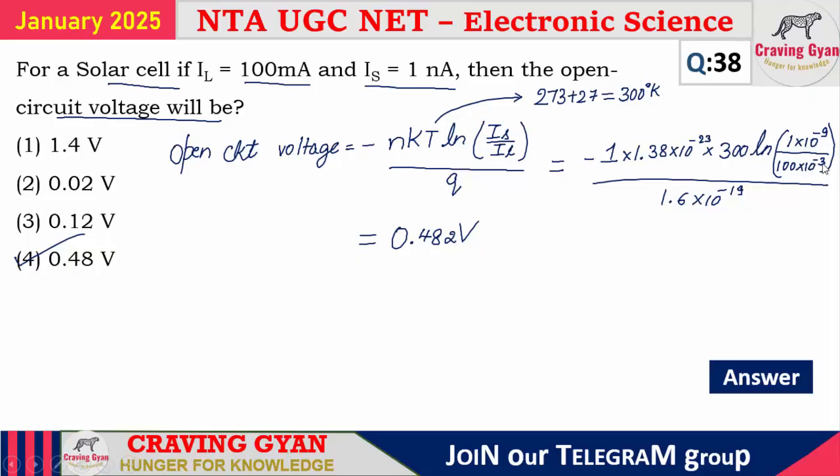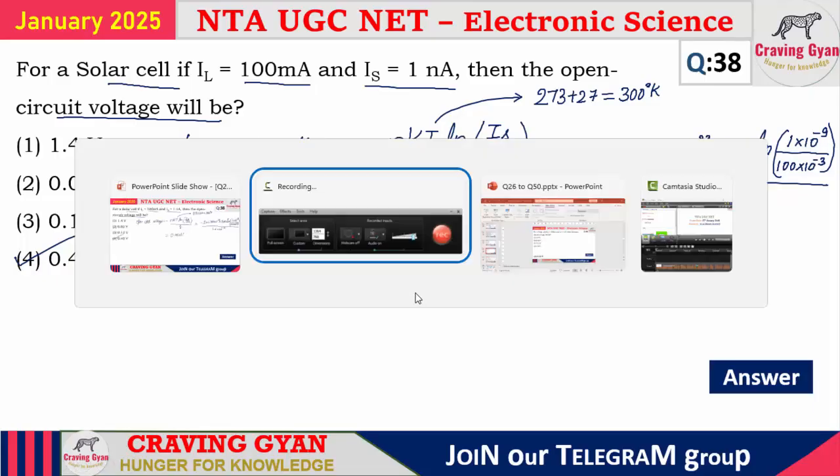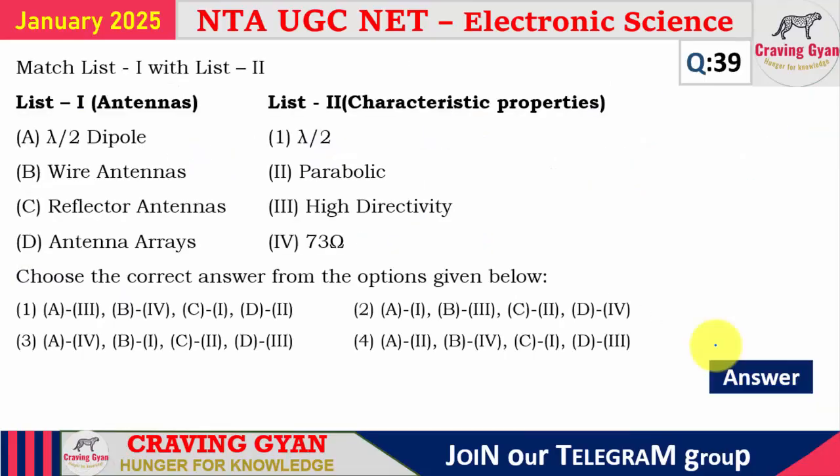That minus 5, if I am sending it to the numerator, it will be ln of 10 power minus 4. That 4 you are going to kick outside, and then you're going to manipulate, and then you're going to get the answer, right? So for this 38th question, the corresponding option that's going to follow is option 4 is correct.